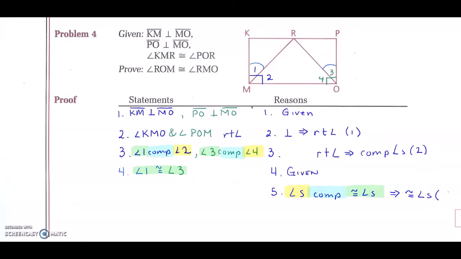So that's using lines 3 and 4 in the proof. So now I can say angle 2 is congruent to angle 4.